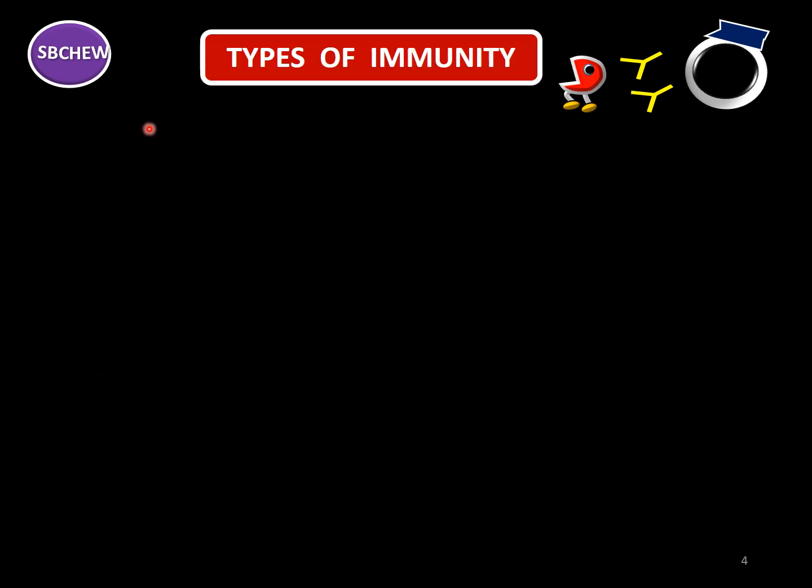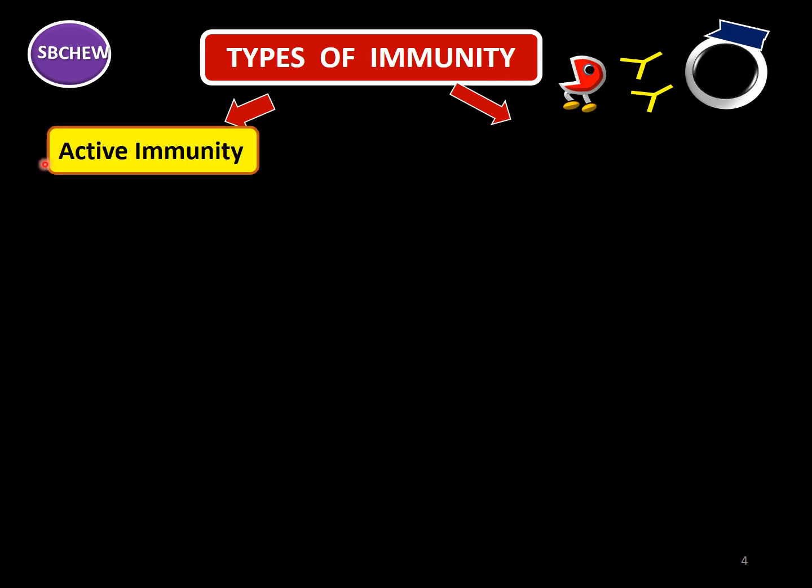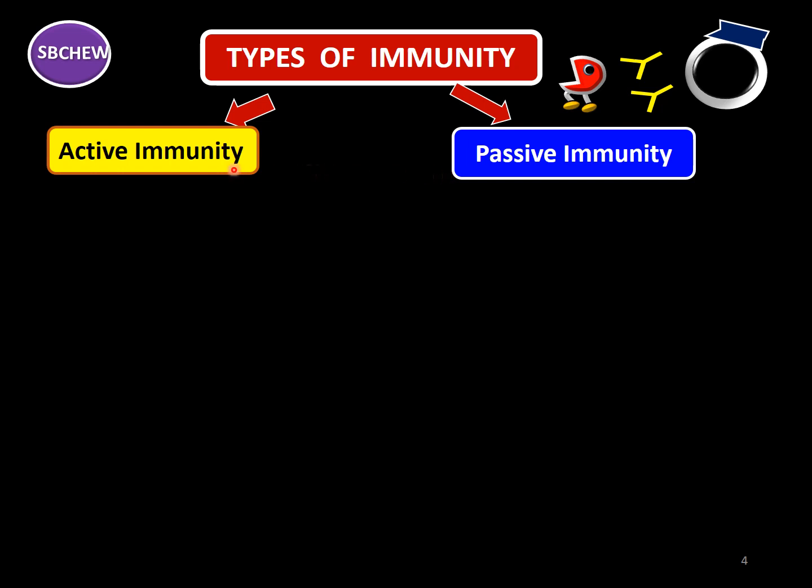Let's look at the overview once again. I would suggest that you can copy this in your notebook to help you understand the overall picture, because this picture helps you to connect all the concepts together. So immunity is divided into two main types, active immunity and passive immunity. We've already studied active immunity, but we just revise again.